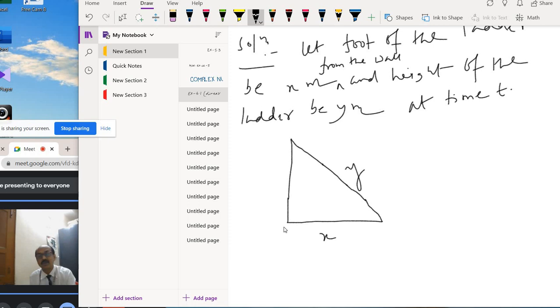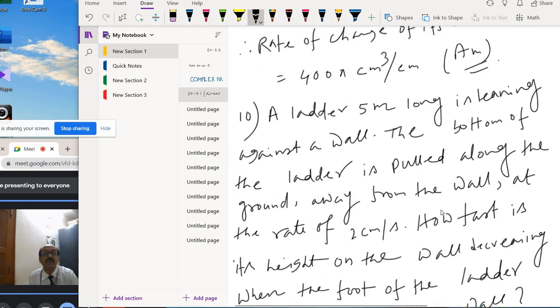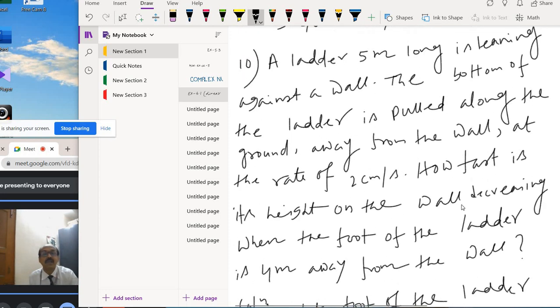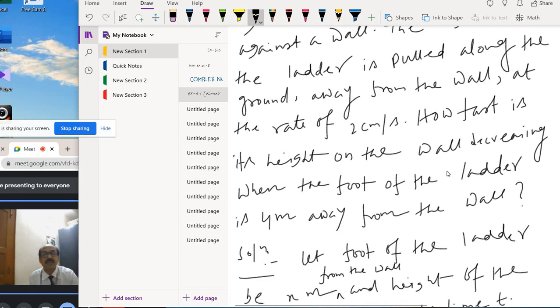You can say this is O, this is the foot. Now this is 90 degree, and it is given in the question that the ladder is 5 meter long. So the ladder is 5 meter long against a wall, and the bottom of the ladder is along the ground.